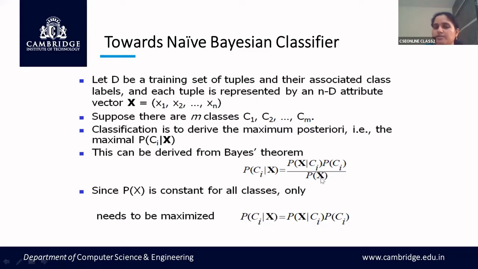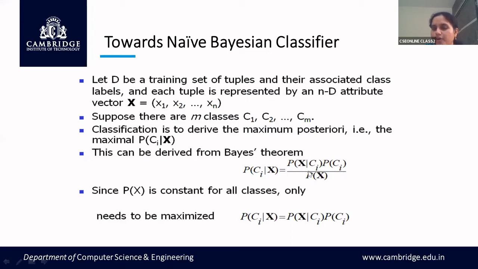I'll repeat again. From the Bayes theorem, you can find the maximum posterior probability of a particular class label as the posterior probability of class label Ci with respect to all the trained instances X. This is your maximum likelihood.